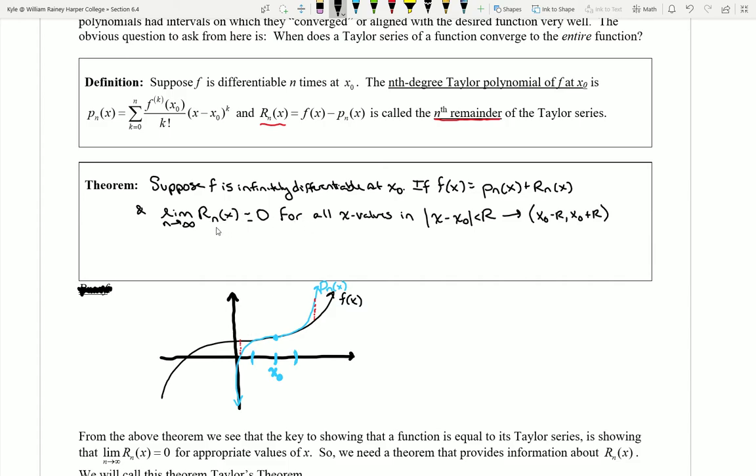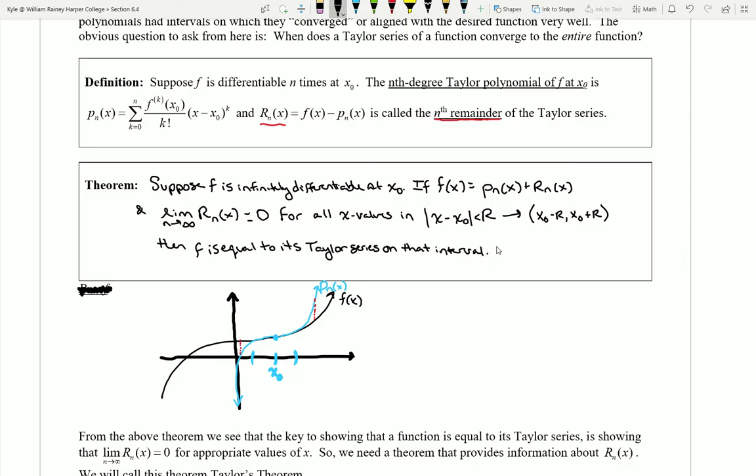So if it's the case that the limit of the remainders turns into 0, those red gaps shrink away on some interval, then f is equal to its Taylor series on that interval.